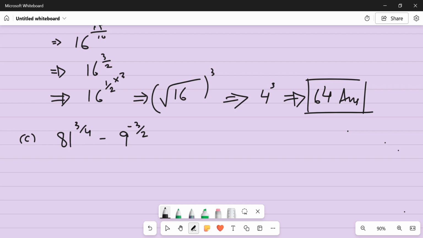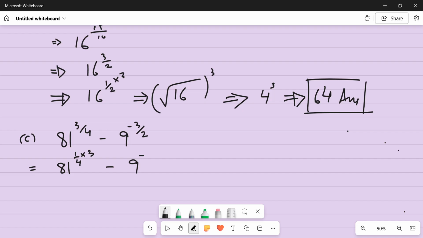Okay, now here again we need to convert this 3 over 4 into two parts, right? 1 over 4 and then 3 separately. So we separate it into 1 over 4 into 3, minus 9, minus 3.